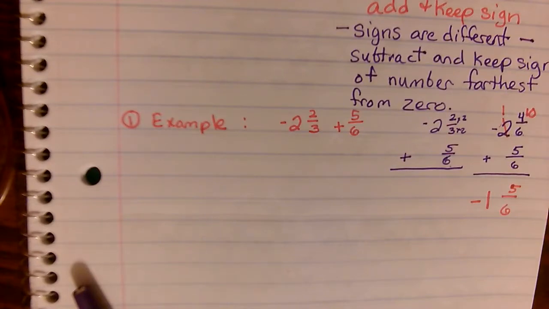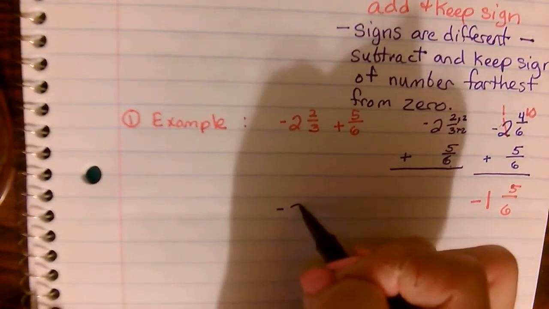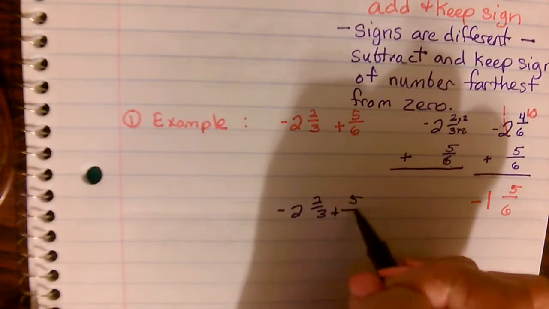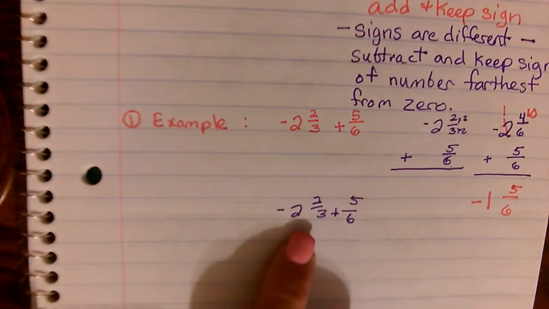There is another way that some students like to do it. You may or may not have seen this little trick with adding and subtracting fractions. Let me rewrite the problem: -2 2/3 plus 5/6. First, let me make this an improper fraction.